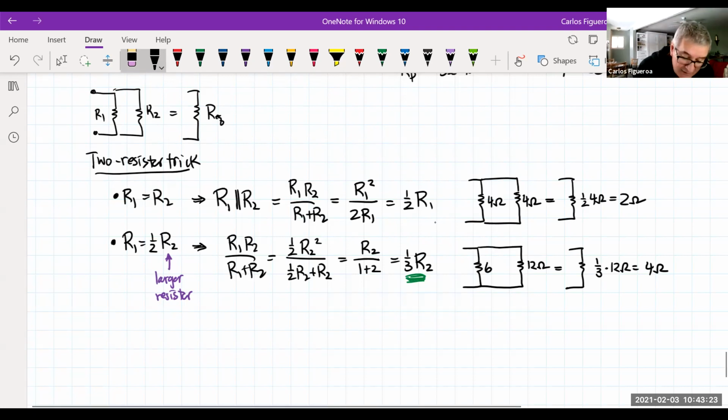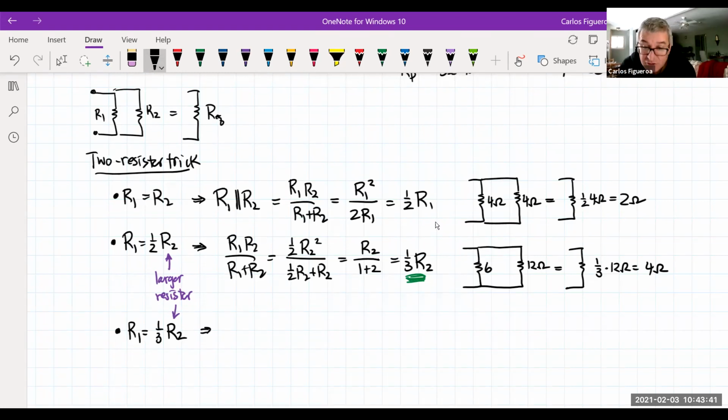So then the pattern continues now. What happens if I have a resistor that's now 1/3 of R2? Remember, R2 is the larger resistor. You know what you're going to get? Look at the pattern. Look at that. 2, 3. The next one is going to be 4.